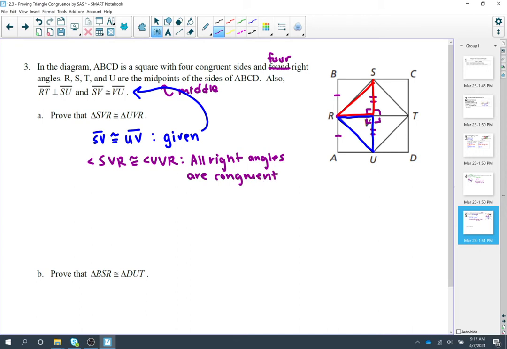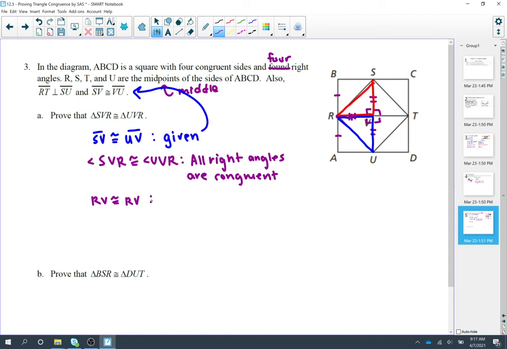Now I need another side, and it has to be the side that's attached essentially to that right angle, which is going to be right here. So I know that RV is congruent to RV, and the reason I know that is because they're the same side.